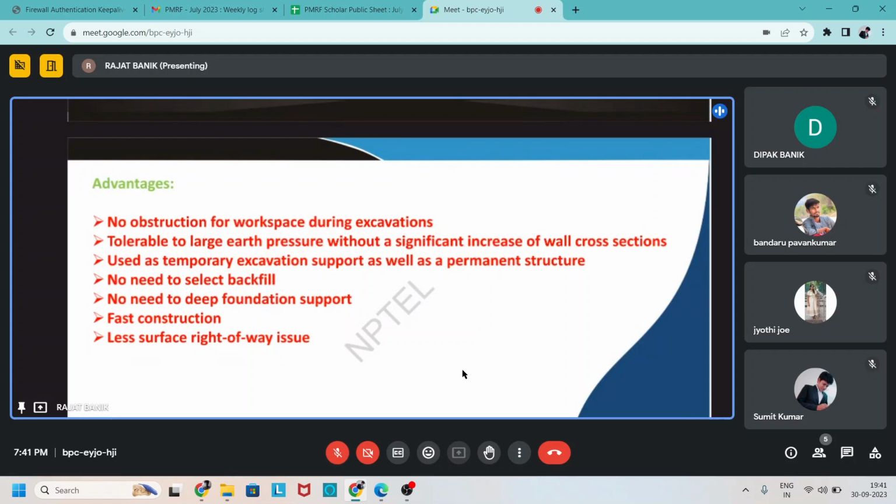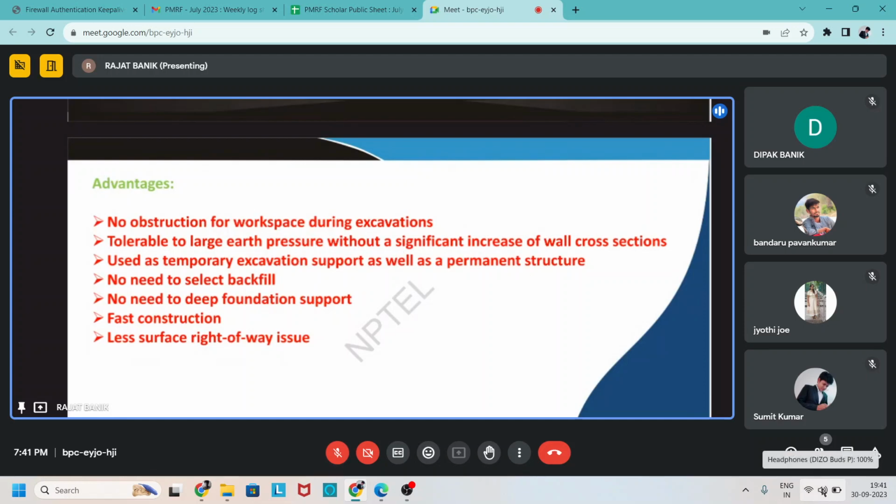So when we apply this to a retaining wall, there is no need for backfill. There is no need for any deep foundation to support this anchorage, and no obstruction is required in the workspace.